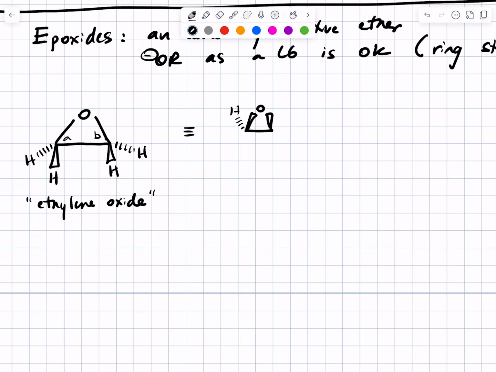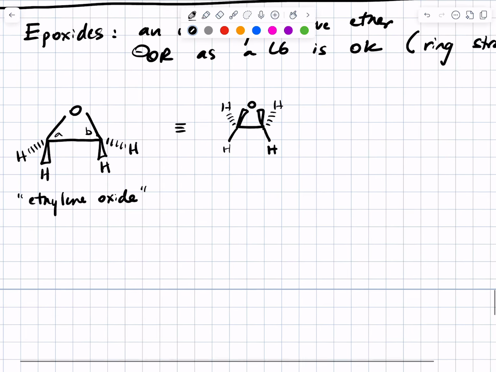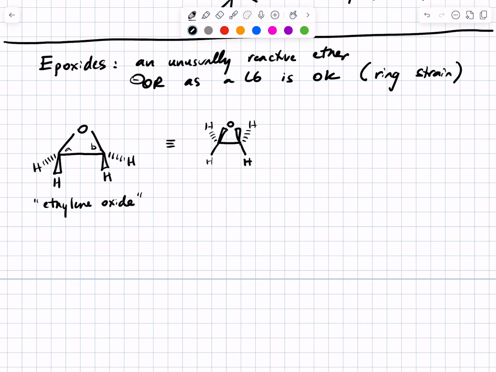There'll be dashed hydrogens here and then hydrogens in the plane of the page here. It's fine to draw it either of these ways. Sometimes it'll be more convenient to use one versus the other. Okay, so the key feature of an epoxide is ring strain. Of course, those are sp3 hybridized carbons, and yet you have constrained the required bond angle in a triangle like that.